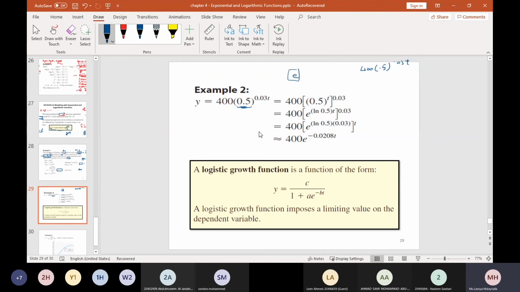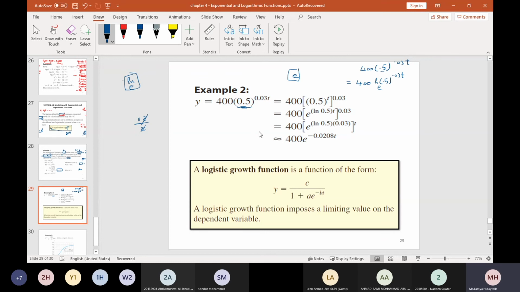So we know what we have, like before: I can use e to the power ln, right? It's as if I multiply by 2 and divide by 2, so it's as if you multiplied by 1, when we apply the operation and its inverse. So I can write this as 400, nothing changed, e to the power ln of 0.5 to the power 0.03t.